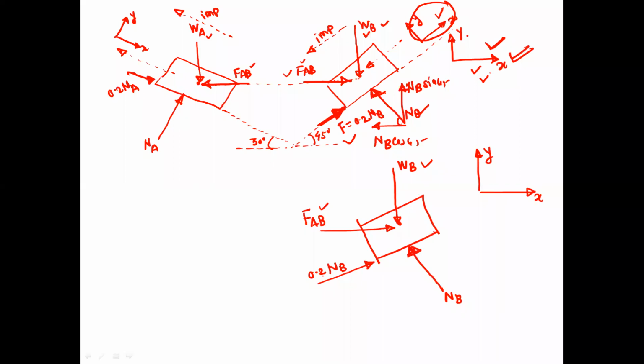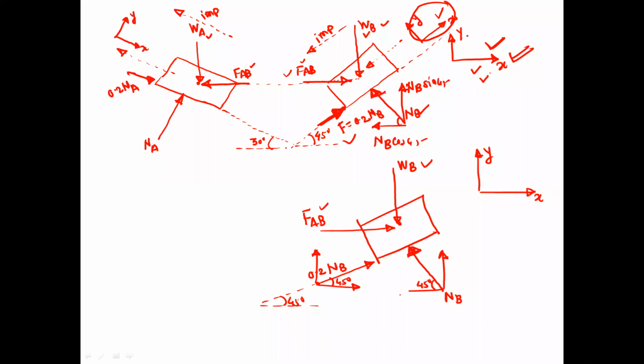Normal reaction NB and 0.2 NB. So for that, this angle of the plane is given. This is 45 degree. So you can assume this is the X and Y component. So this angle will be the same 45 degree. This angle will be 90 minus 45. So it is the same 45 degree.